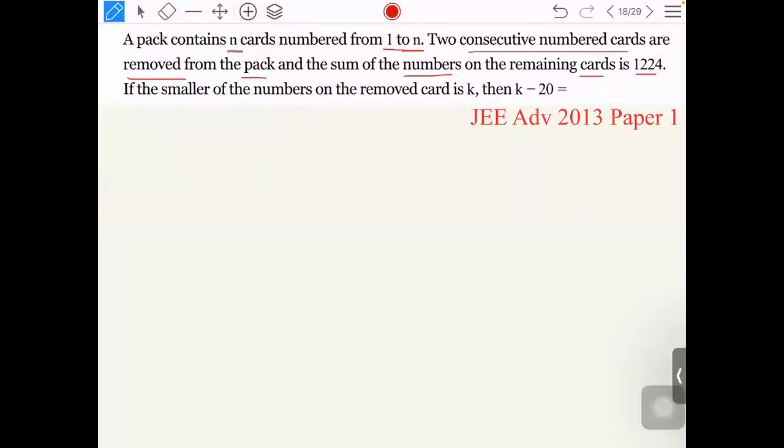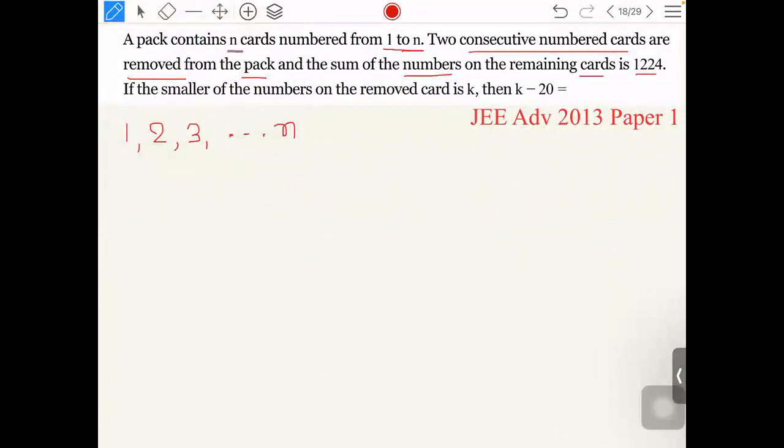So the card has numbering 1, 2, 3, and so on till n. In this, there are two cards, they are removed, and they are consecutive cards.